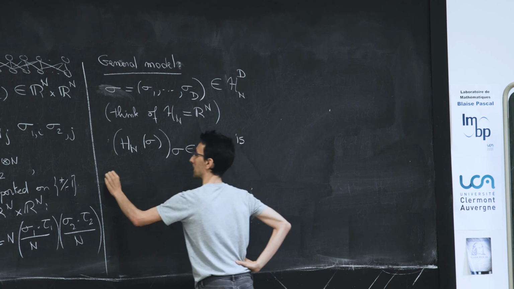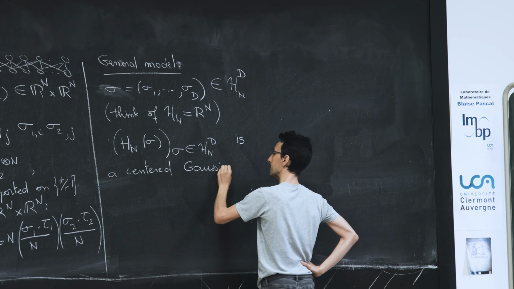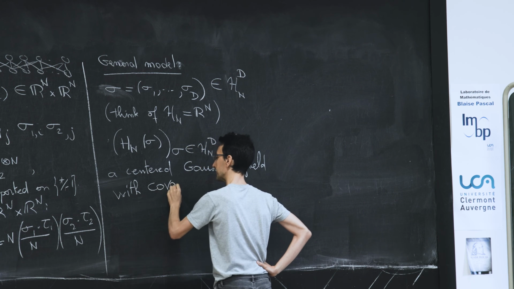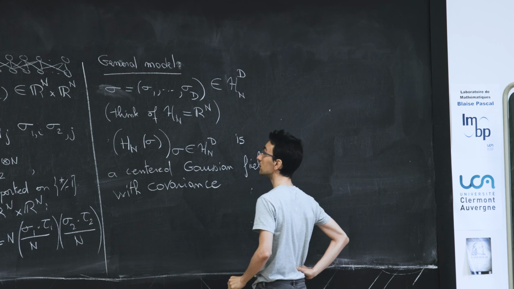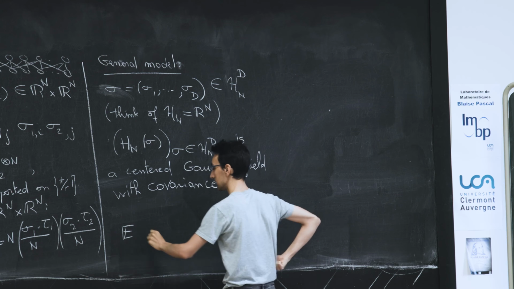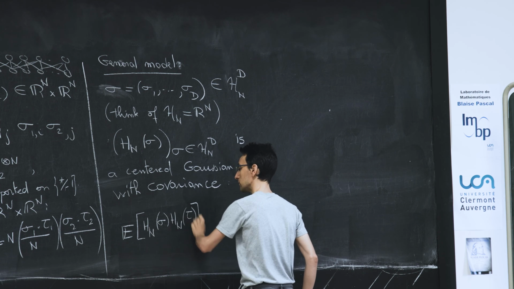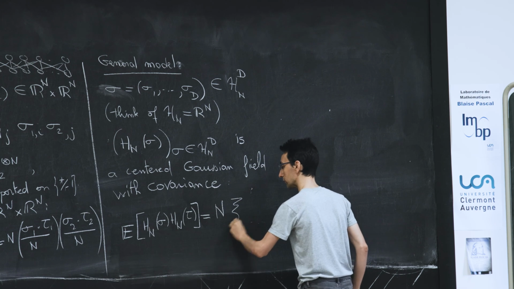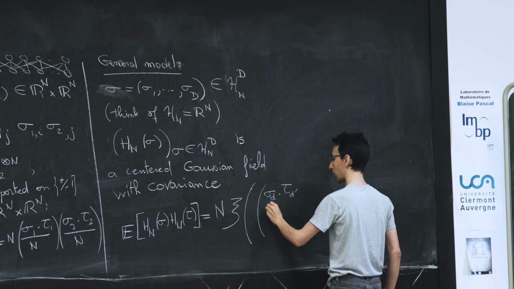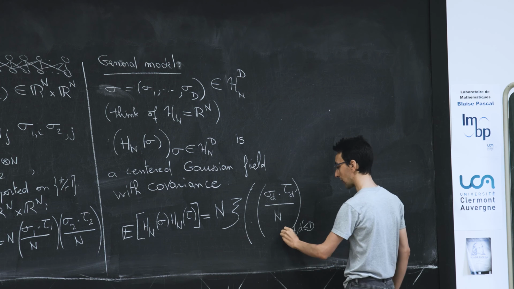So is a centered Gaussian field with covariance given by, so let's say for every sigma and tau in this Hn D, I'm going to specify that the covariance between Hn of sigma and Hn of tau is n times some function of the matrix of scalar products, sigma D dot tau D prime divided by n, where D and D prime range from 1 to capital D.